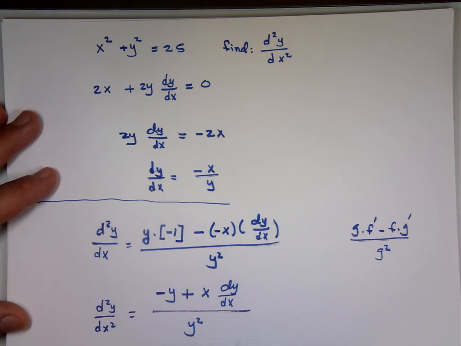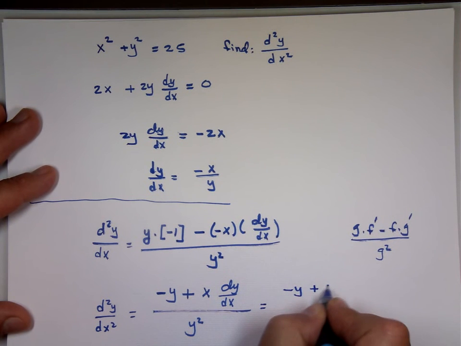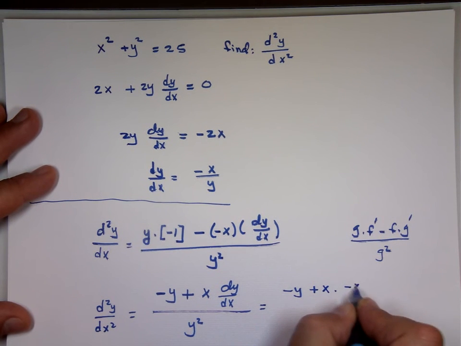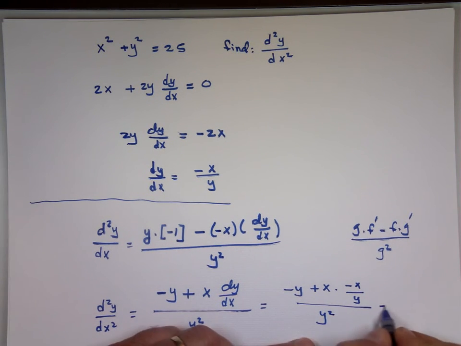You'll have negative y plus x times negative x over y, over y squared.